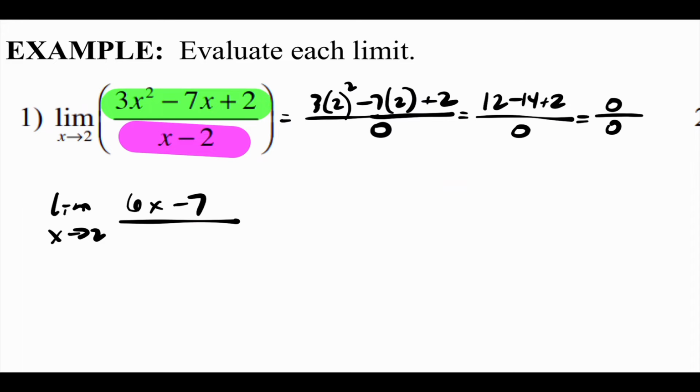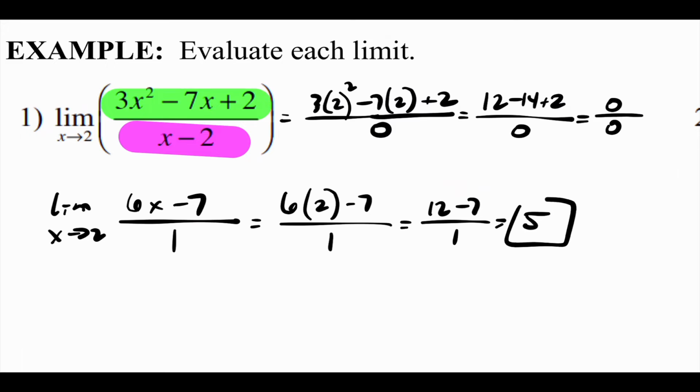Now take the derivative of the bottom, which is 1. Plug it in again: 6 times 2 minus 7 over 1, 12 minus 7 over 1 equals 5. So the limit as x approaches 2 is 5.